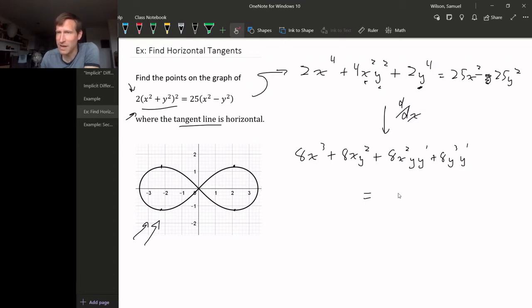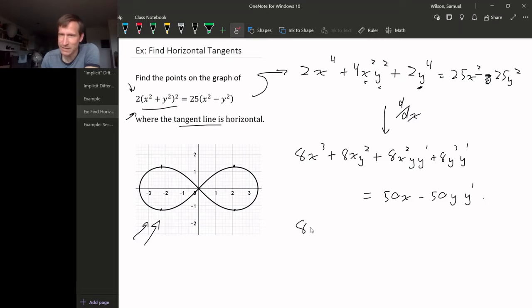All right, and then on the right hand side, 50x minus 50y y prime. Okay, now we need to rearrange this to get all the terms with y prime on one side and all the terms that don't have a y prime on the other side.